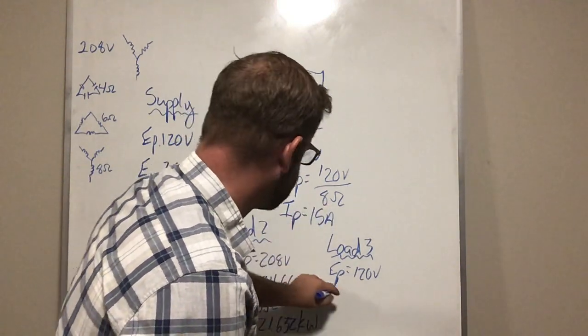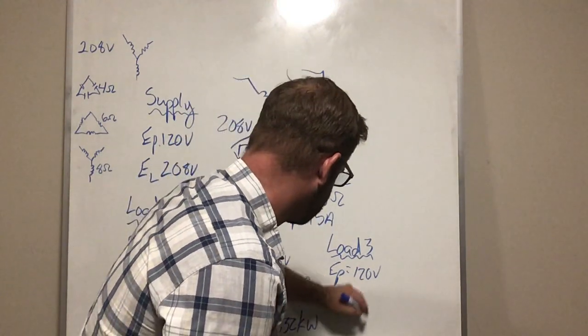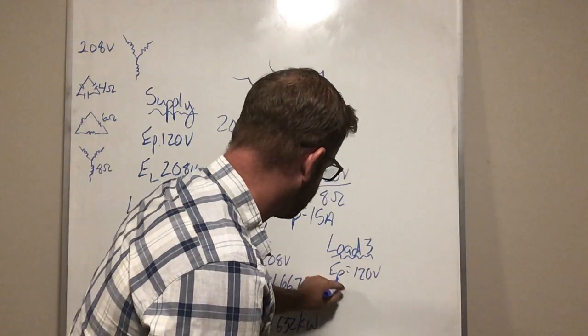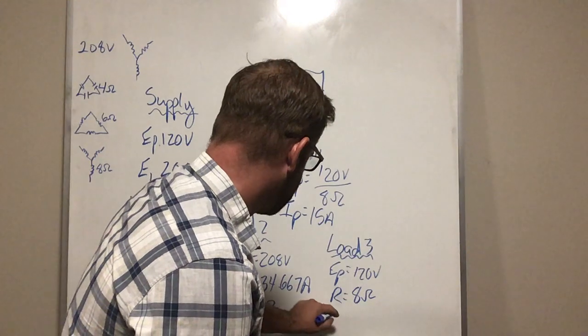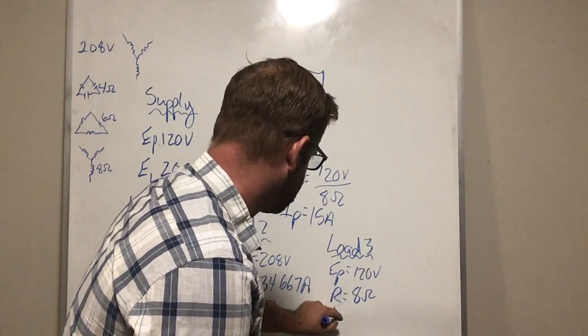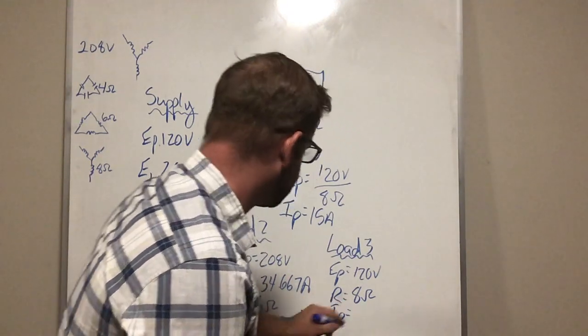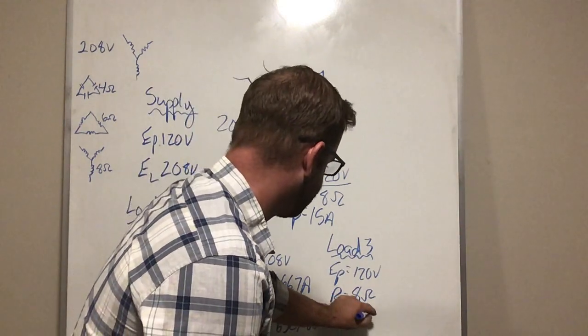So we had a resistance of 8 ohms, and I phase is equal to 15 amps.